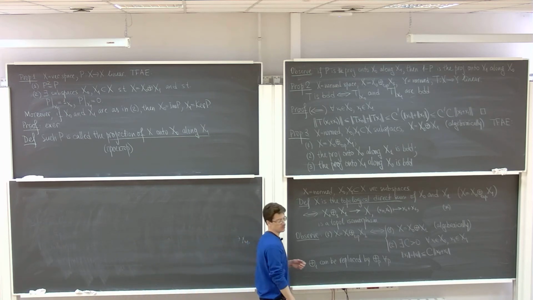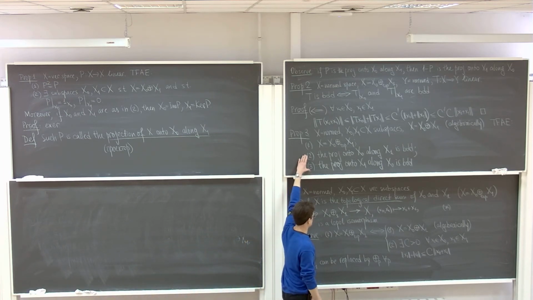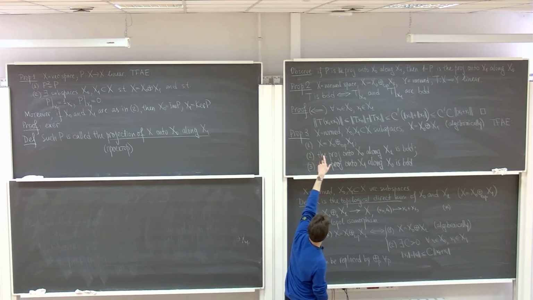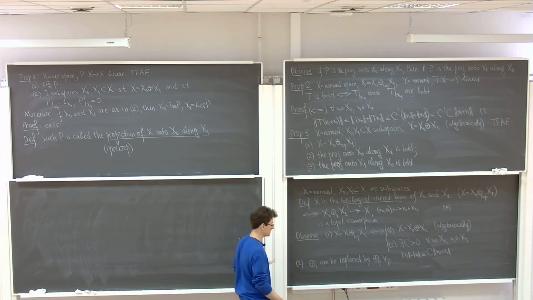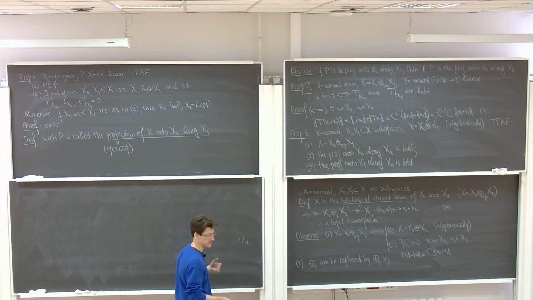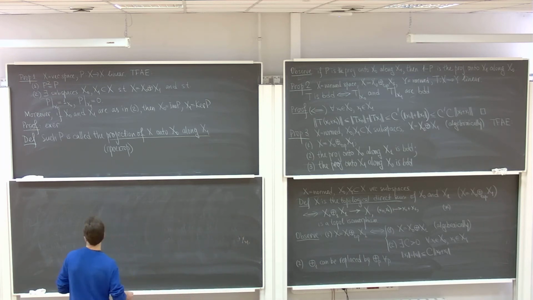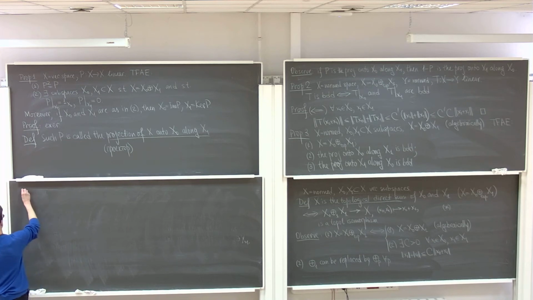Well, indeed, first of all, let's observe that condition 2 and condition 3 are equivalent because of that observation. So if P is a projection onto X0 along X1, then 1 minus P is the projection onto X1 along X0. So this implies that 2 and 3 are equivalent.